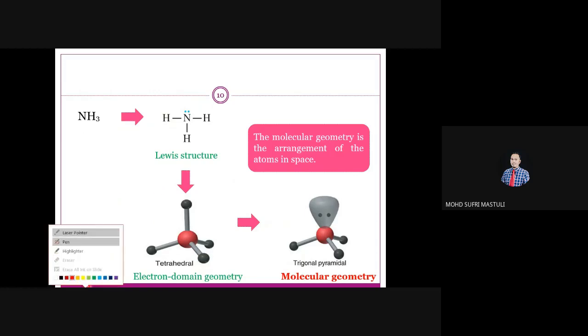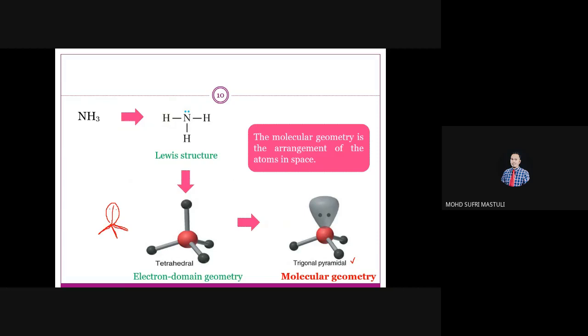So this is the tetrahedral, like the chicken feet, because of one lone pair. It's no longer tetrahedral, but it's just like a pyramid. So we name it trigonal pyramidal. It's like the pyramid.